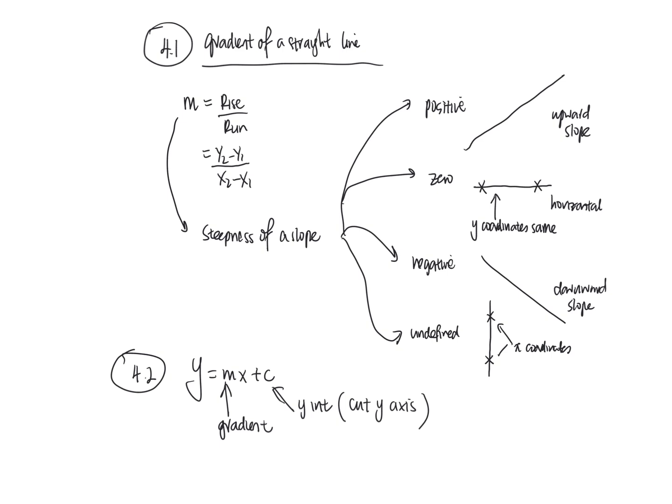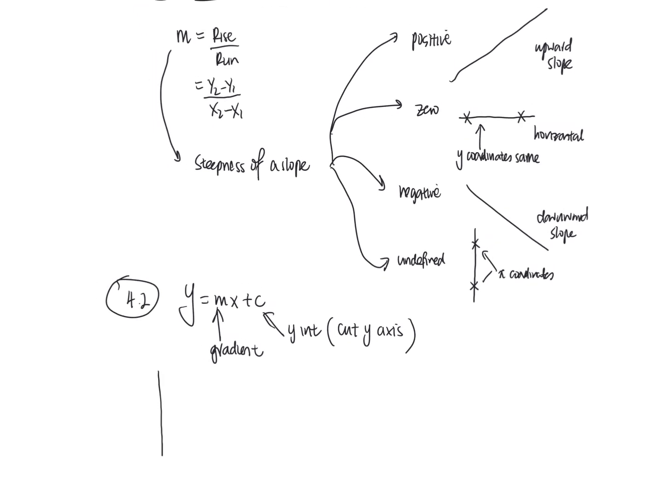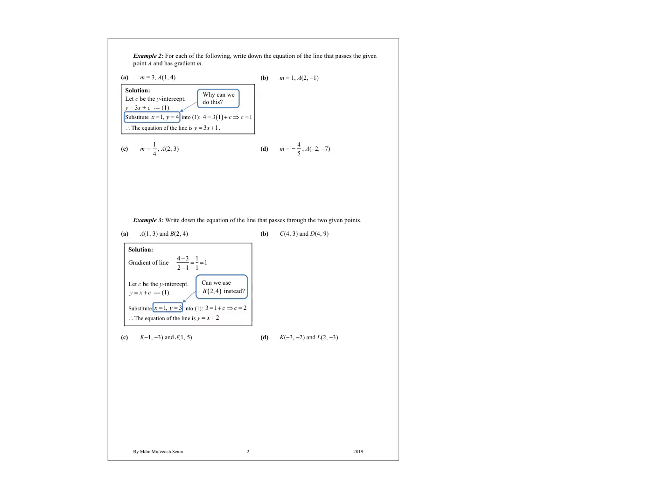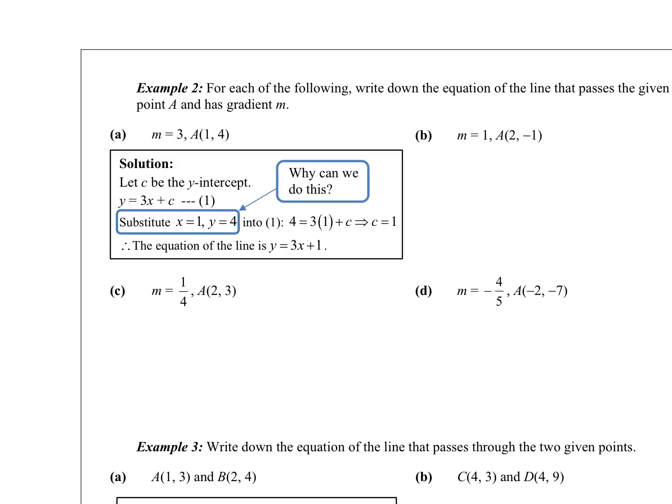The only thing about a vertical line is that the equation is x equals whatever the a value is. It will not follow this format because m is undefined. Any other 3 lines, the horizontal one, the upward one, the downward one, will follow this equation. So this was 4.1 and 4.2. So let's go to example 2, a very quick one.